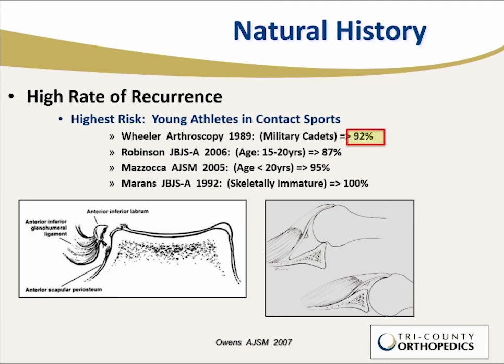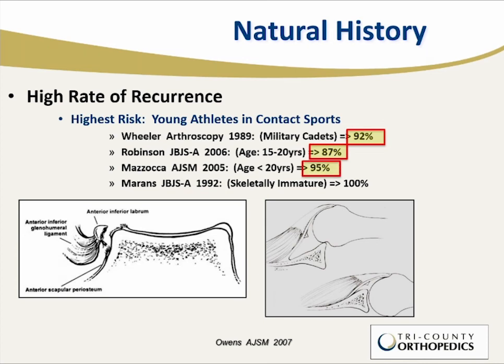Several classic studies, this is the Westbourne Cadet study, looking at military cadets because they are in a closed system, easy to monitor, every event is recorded. And a first-time traumatic anterior dislocation had a 92% recurrence rate. That's quite high. In a cohort of 15 to 20-year-olds, Robinson reported 87% recurrence.